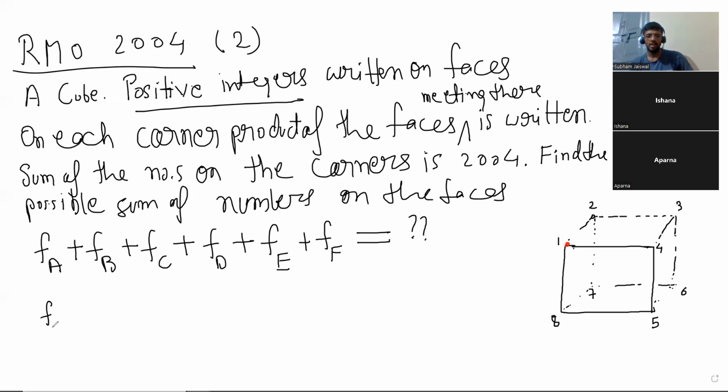Let's say A is 1, 4, 5, 8. You understand? 1, 4, 5, 8, that face, formed by those vertices. Let's say that is A. Now you see this face, similarly, let me label it 1, 4, 3, 2. And then C is the behind one, 2, 3, 6, 7. And then this can naturally be the bottom one.